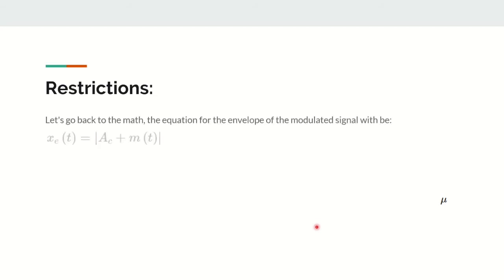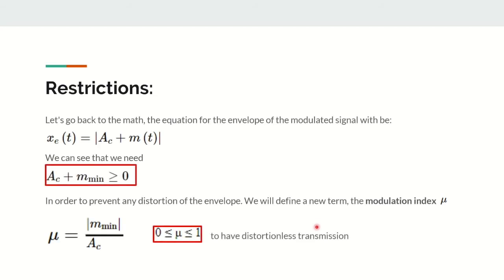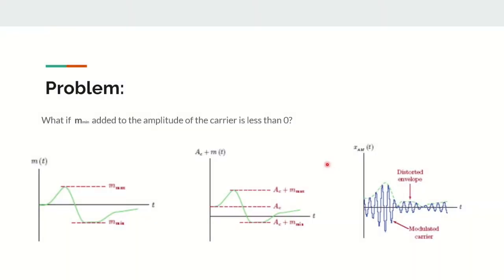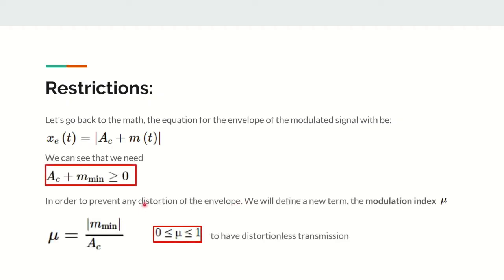So this leads to some restrictions that we have on at least this type of AM modulation. So we're going to want AC plus M min to be greater than 0, so that our signal, as you can see here, is above the axis, and that will prevent any distortion of the envelope.